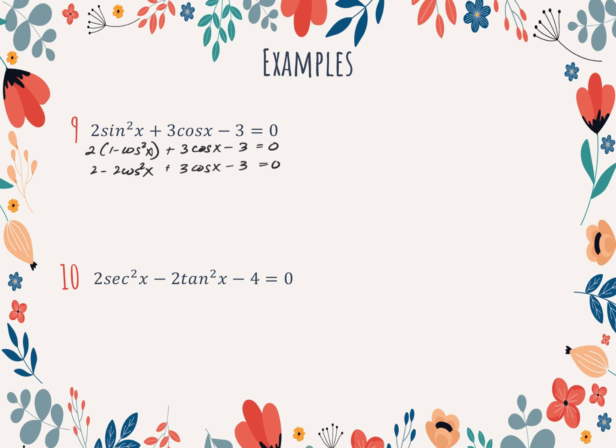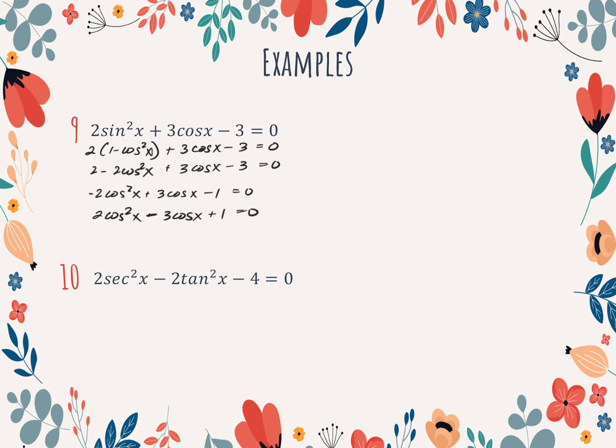And I'm going to combine my like terms, right? So I've got minus 2 cosine squared x plus 3 cosine of x, and it's going to be minus 1. And if I multiply both sides by negative 1, I know that this is going to become 2 cosine squared x minus 3 cosine of x plus 1 equals 0.